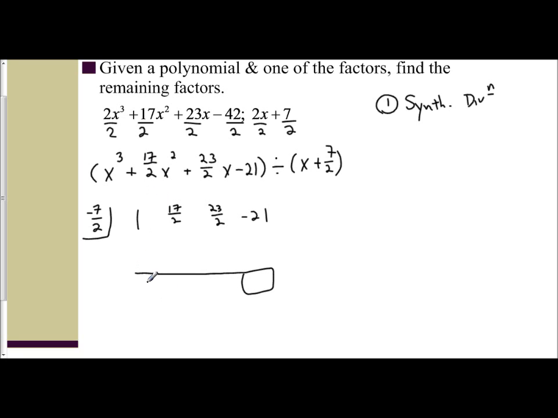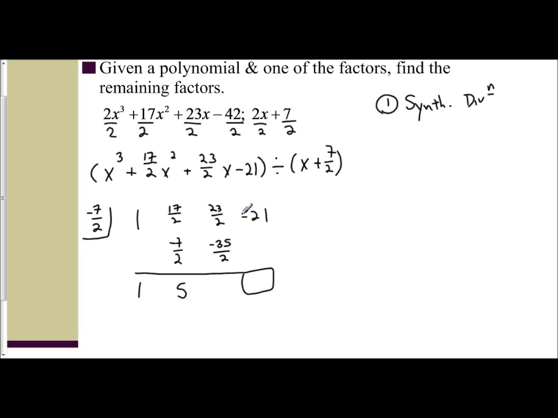We drop down the first term, and we get negative 7 halves times 1 is negative 7 halves. And so 17 halves plus negative 7 halves is going to be 10 halves, which is 5. Negative 7 halves times 5 is negative 35 halves.